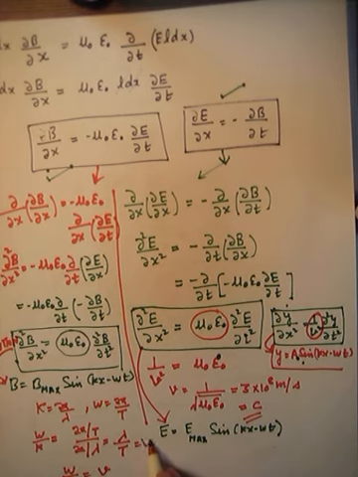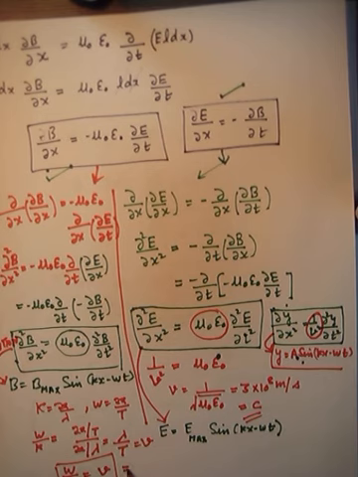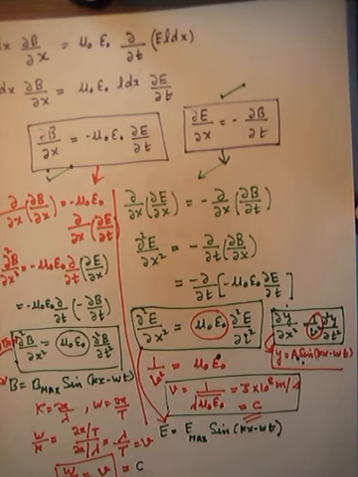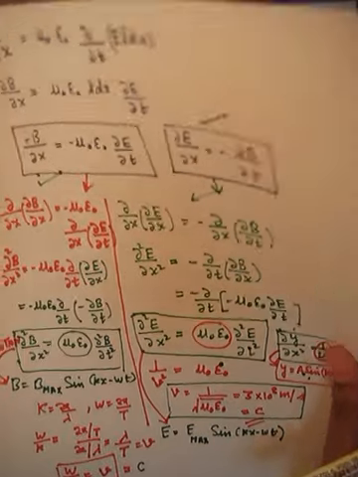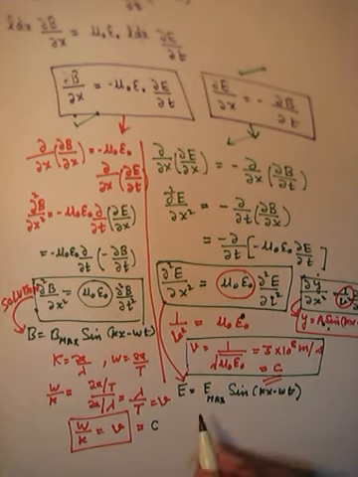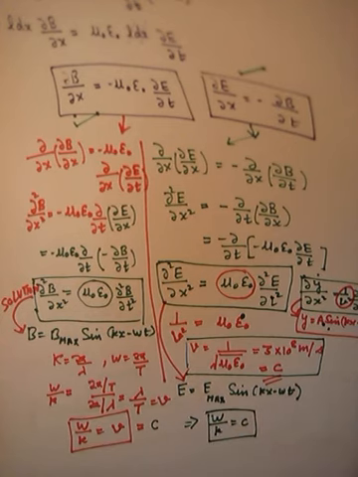Now in case of electromagnetic waves, we know that the velocity is the velocity of light, so ω upon k will be equal to c.